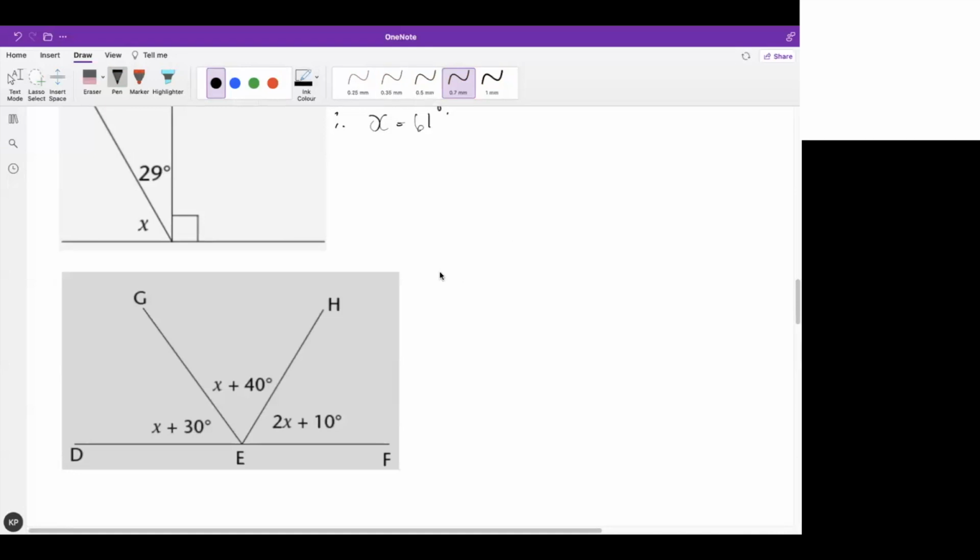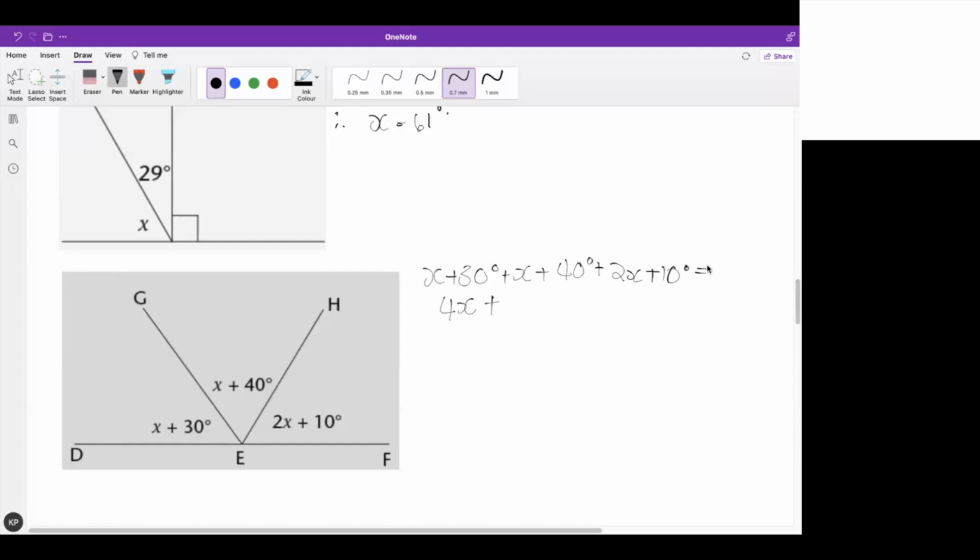Okay, let's do it. So is it going to be x plus 30 plus x plus 40 plus 2x plus 10? And then if we add the like terms, we have 4x equals... Okay, we forgot step one. What is it?